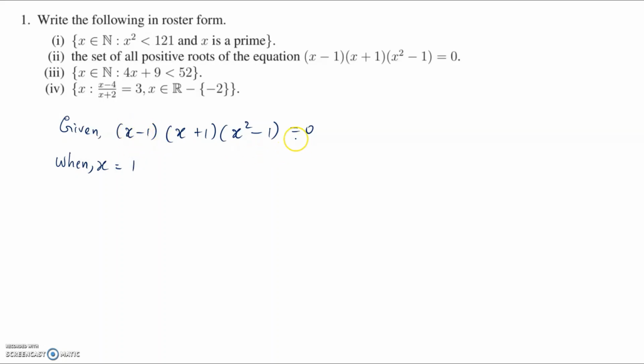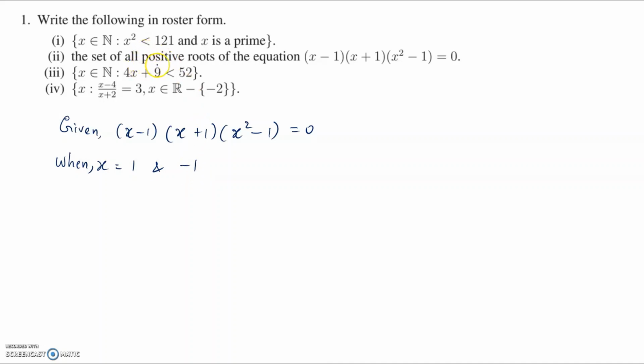So that this expression will become 0. Similarly, when x is minus 1, again this will become 0. So the expression will become 0. Now, for x squared, x can be plus 1 or minus 1. On both the conditions, it will be 0. So you have two solutions, which is x is equal to 1 or x is equal to minus 1.